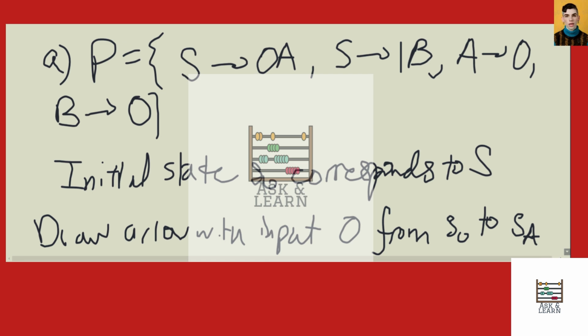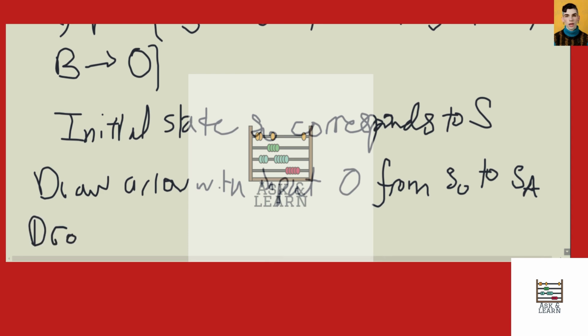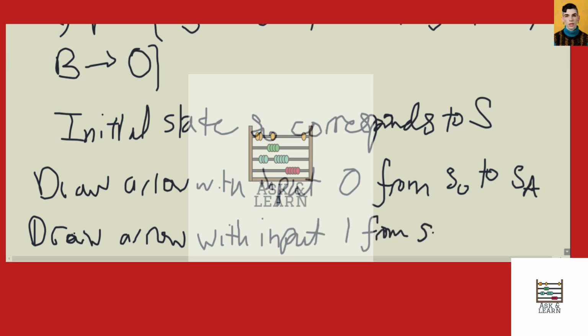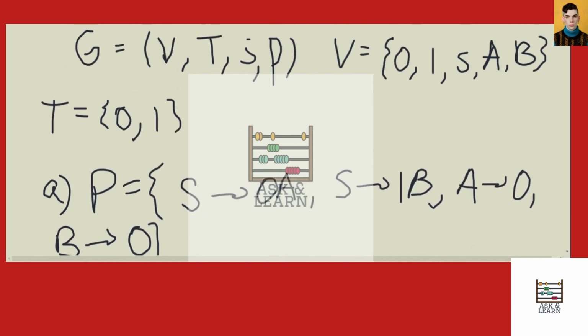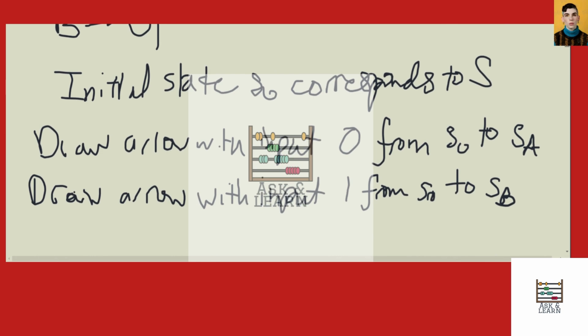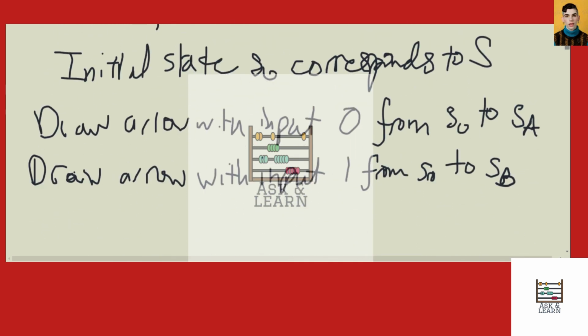Next, draw an arrow with input 1 from S0 to the state SB, where SB is the state corresponding to B, and this represents that S can be replaced by 1B.